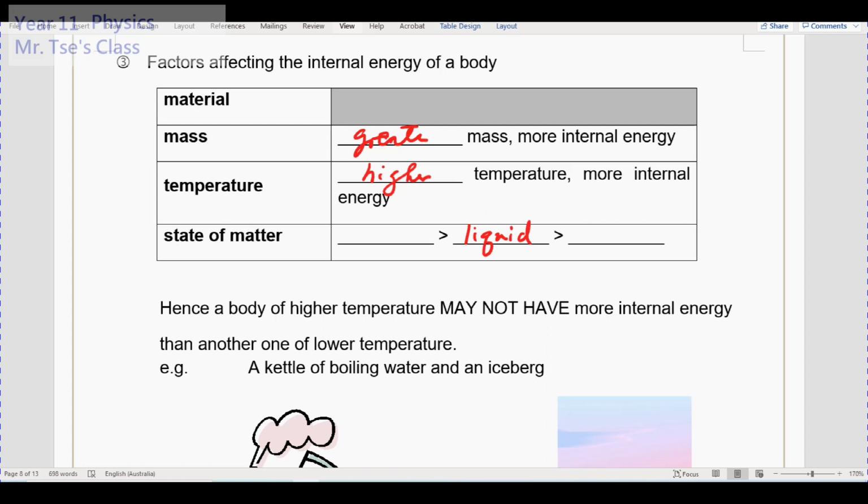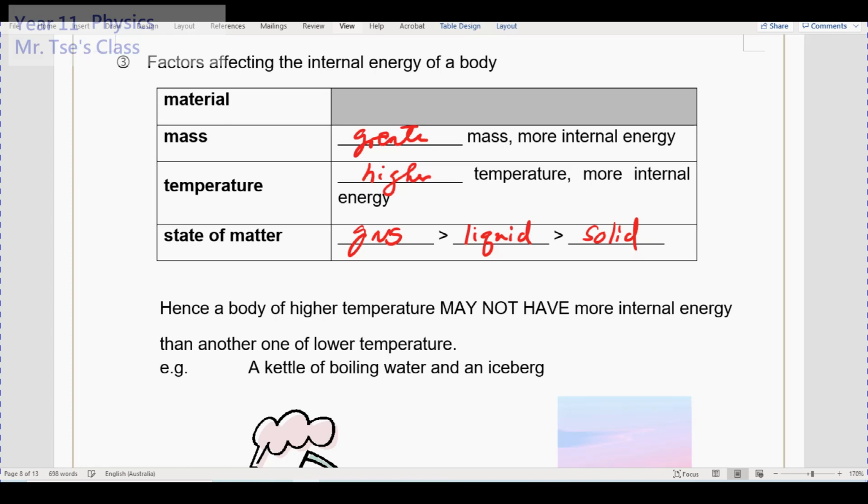So what would be the state that will have the highest or greatest internal energy, given the same mass and same material, normally? Okay, so is it solid? No, actually it's gas.